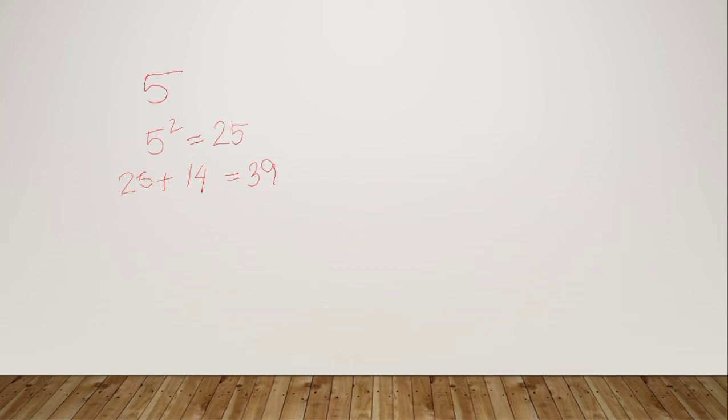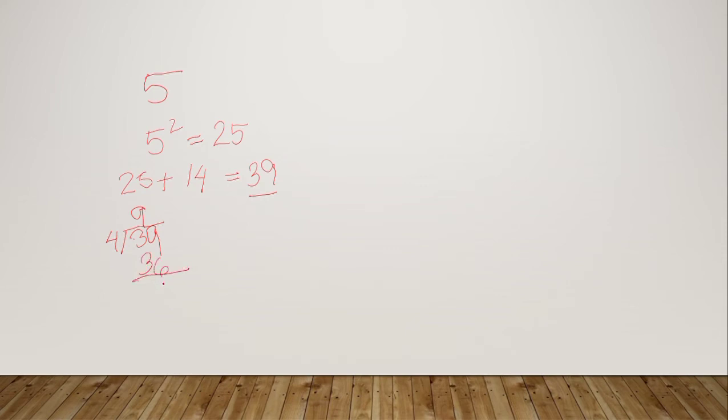And the next step is to divide this by 4 or 12. Let's check if the remainder is really 3. So 39 divided by 4 is 9. Multiply 9 by 4, the answer is 36.